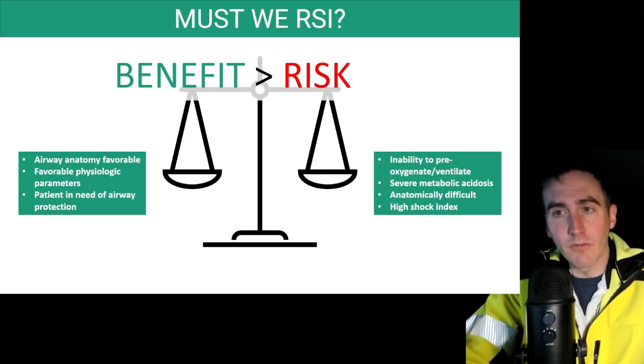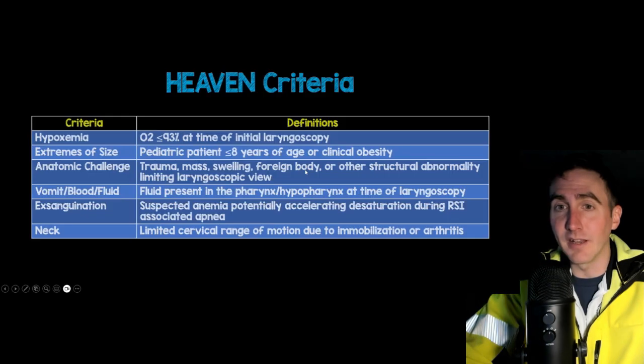We're trying to improve outcomes here, improve safety for the patient and for us, and reduce any adverse events. And we do that by selecting the appropriate patient, the appropriate time, and the appropriate procedure. And sometimes there are just certain procedures that are better performed with a team of 20 people around that patient in the OR with bronchoscopes and the ability to do a lot of different things that we cannot do.